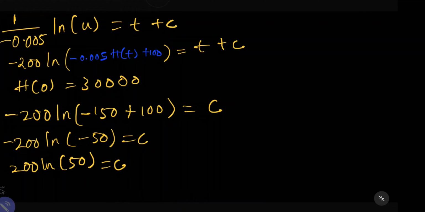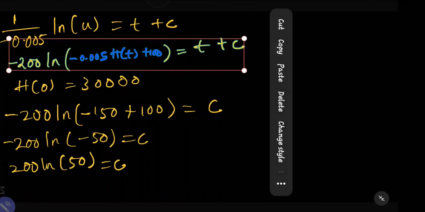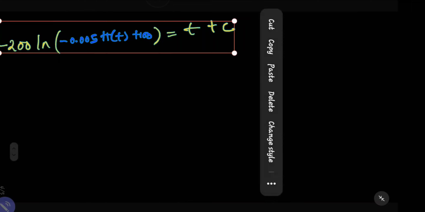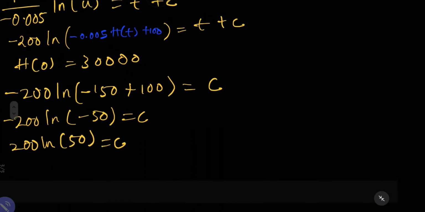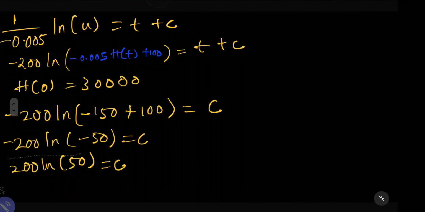So moving ahead, let's grab this. This is a general form. Let's copy this and put it down here. So we have this, and we also have that our value of c is this.